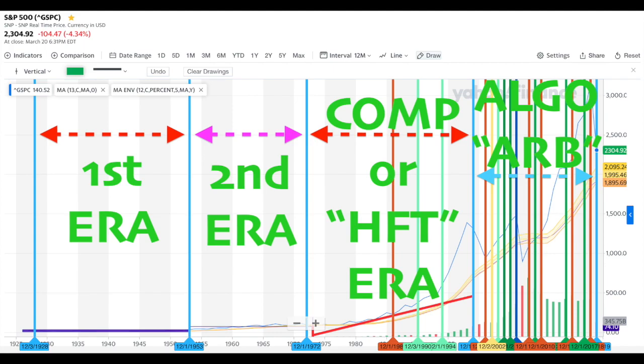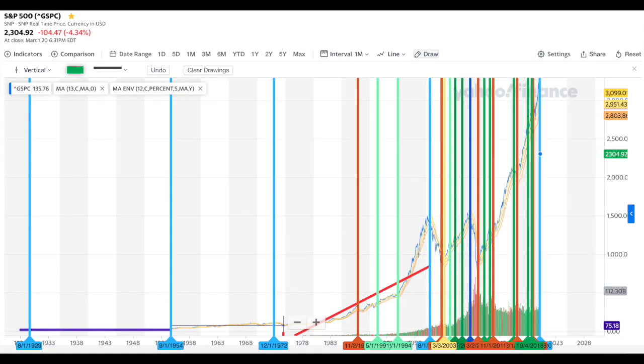And then the high frequency algorithmic trading arbitrage era, which is the current one, from 2008 to 2020.